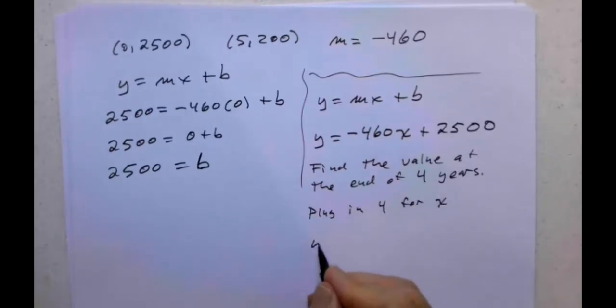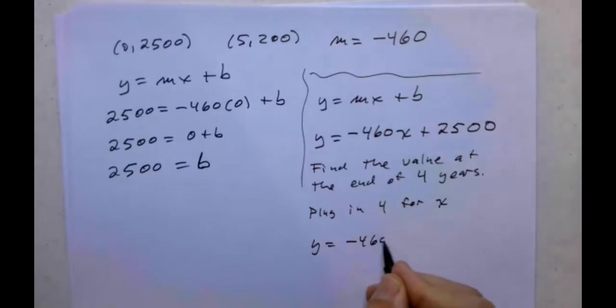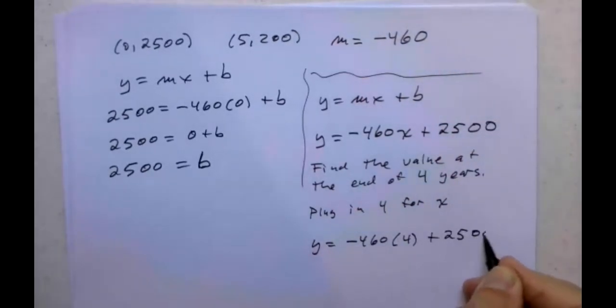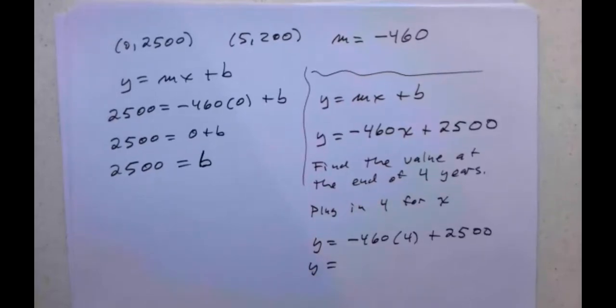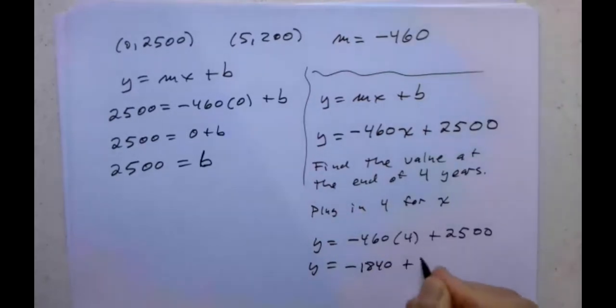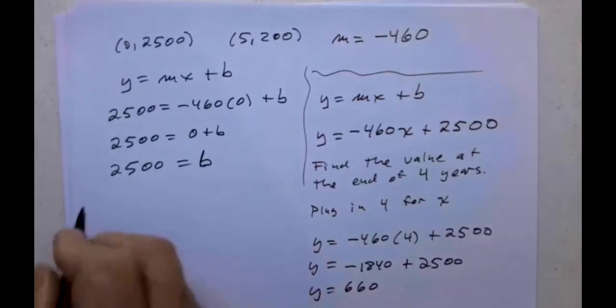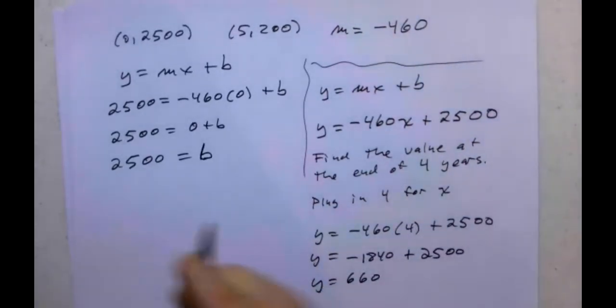So I'm going to get y equals negative 460 times 4 plus 2,500. Y equals negative 460 times 4, negative 1,840, plus 2,500, and I get 660. So the value at the end of 4 years is $660.